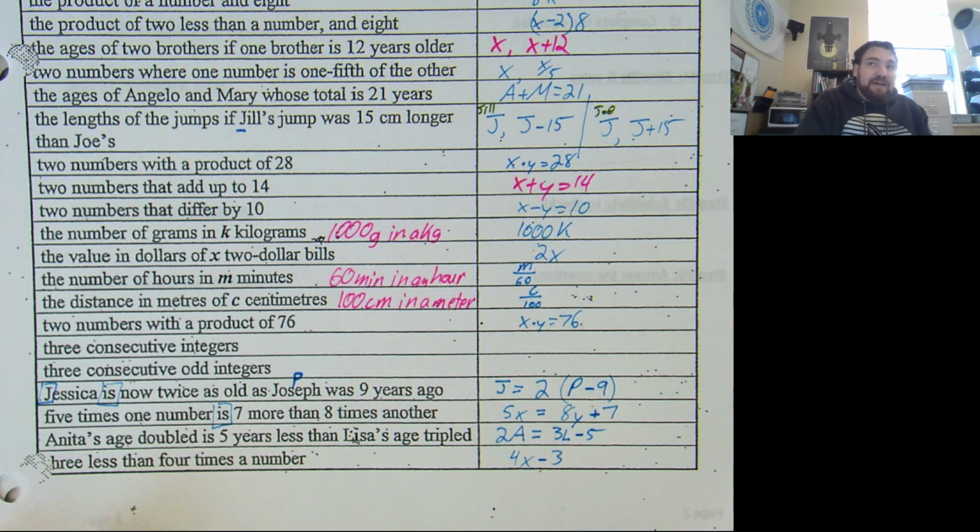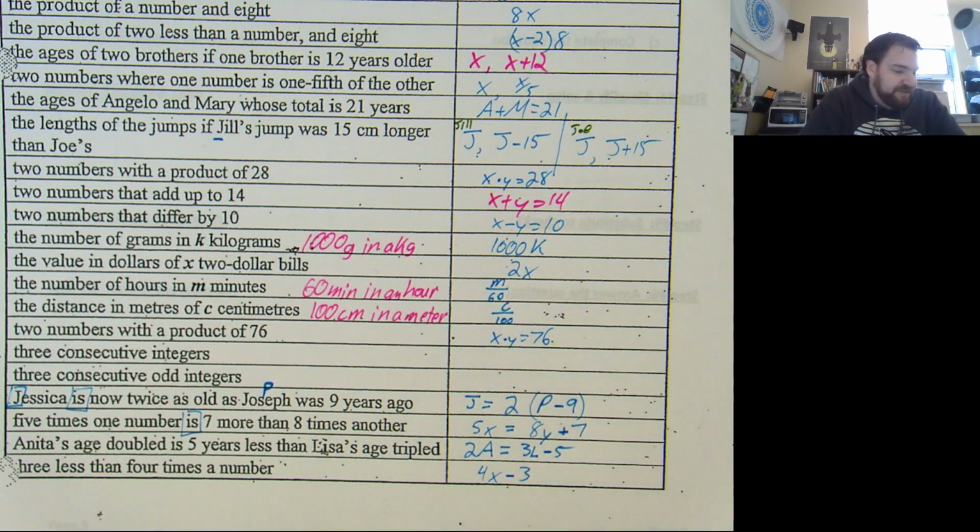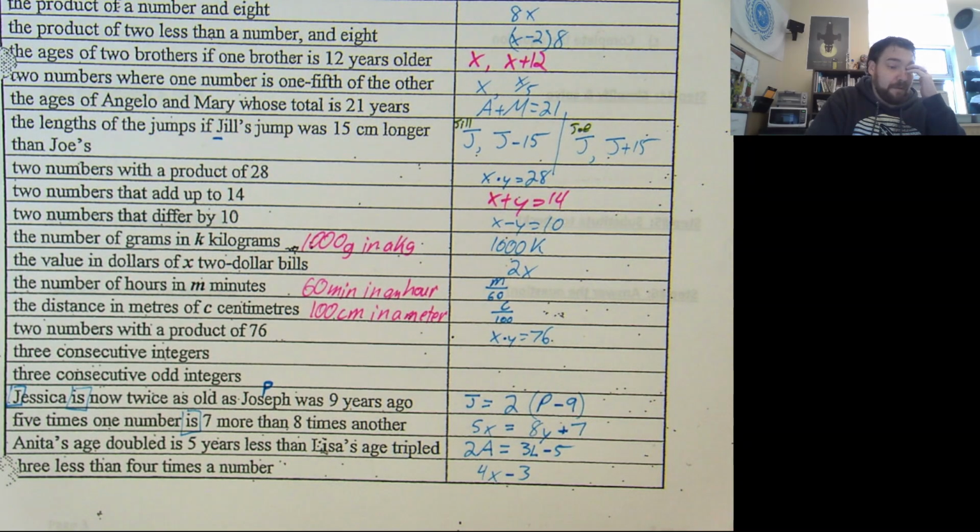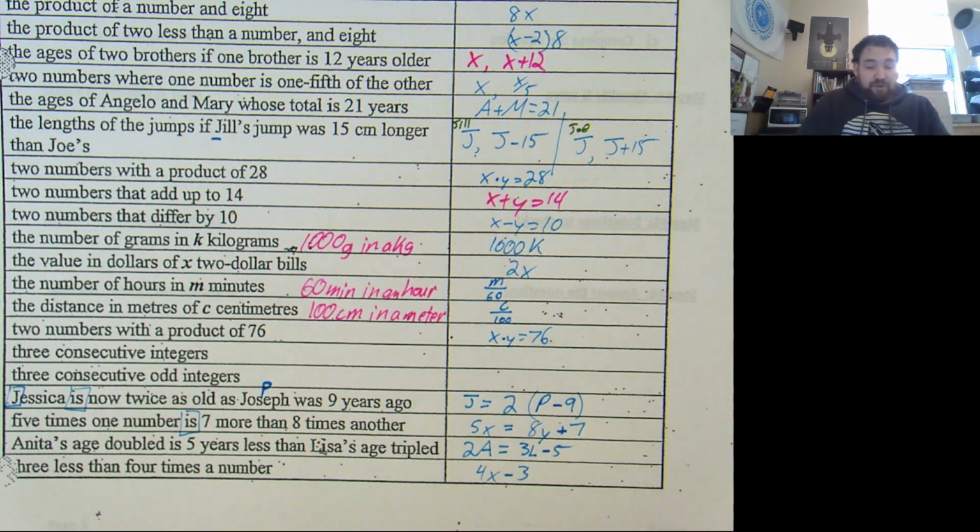Now, most of you got hung up on the consecutive integers and consecutive odds, with good reason. These are not easy if you've never seen this stuff before, but it was something fun for some of you to try. What are consecutive integers? Some of you said you had to look up integers.